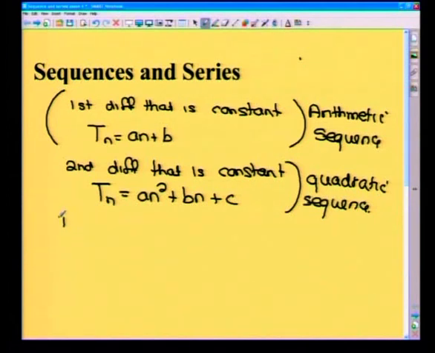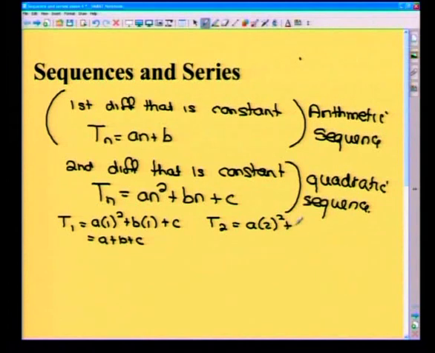Now, I'm going to stop for 2 seconds just to show you something that's very interesting. If we take this first term, term 1, and we replace every n with 1, we're going to get that, plus that, which then is going to give me A plus B plus C. If I go and work out term 2, well, that means go along and wherever there's an n, put a 2. And if I do that, I'm going to get this looking at me. And of course, I would get 4A plus 2B plus C. Let's work out 2 more terms, and then I'm going to show you something that's very useful for when working with these particular terms.